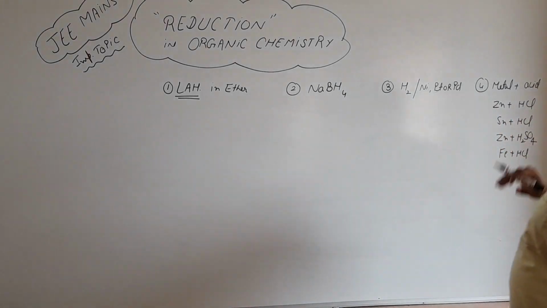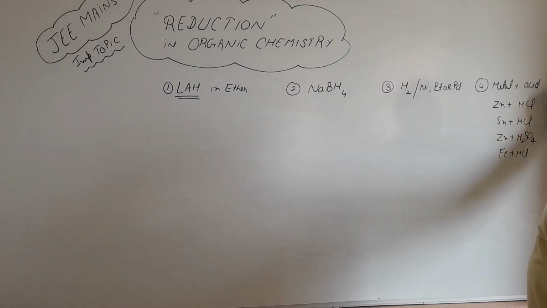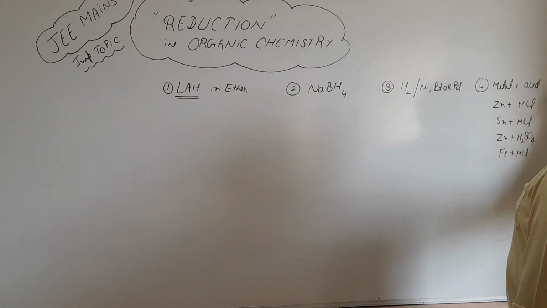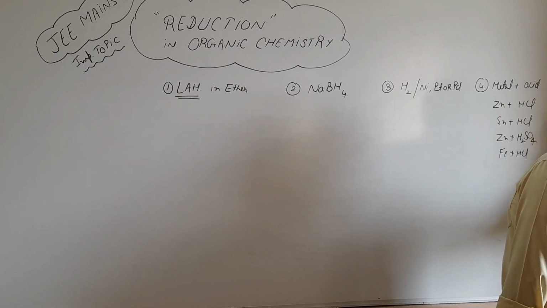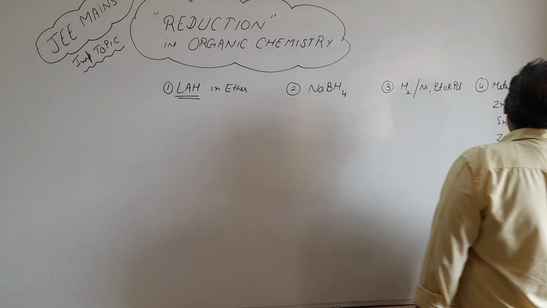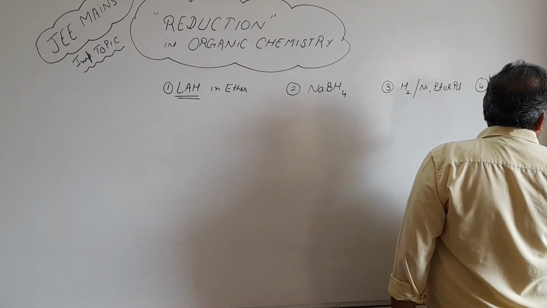So metal plus acid. And the fifth category is alkali metal plus alcohol, for example, sodium in ethanol.